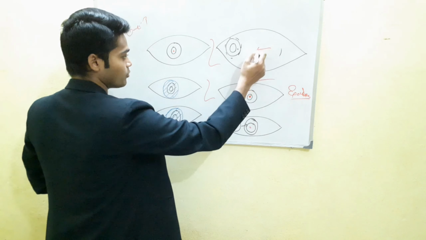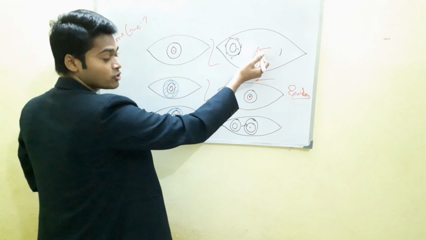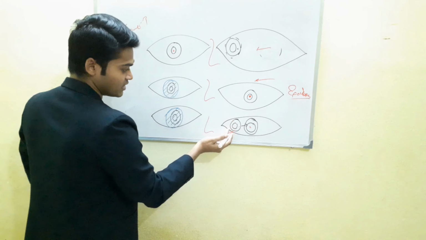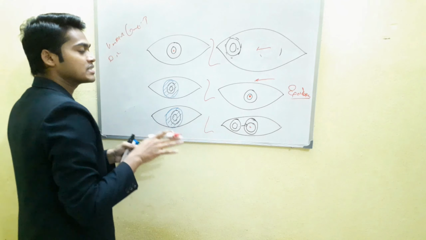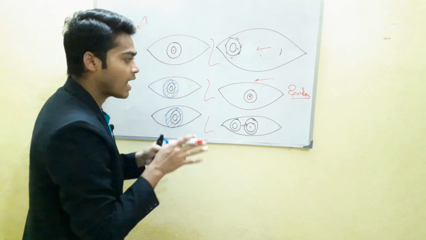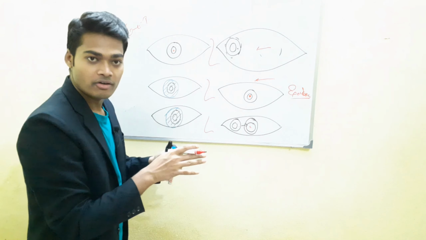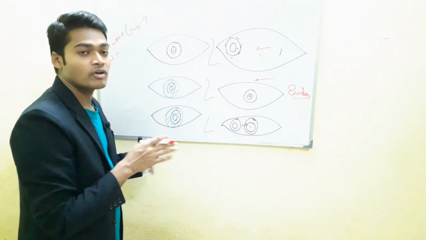In the first case they move in the opposite direction: previously they were present outward, and then come to this position. In the second case they were present here and shift in this direction, meaning the opposite direction. The eye shifts in the opposite direction just to maintain the fixation. Now the question is, what is the consequence?